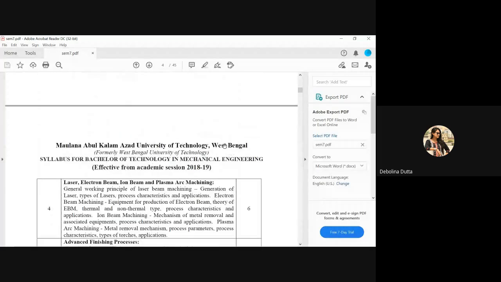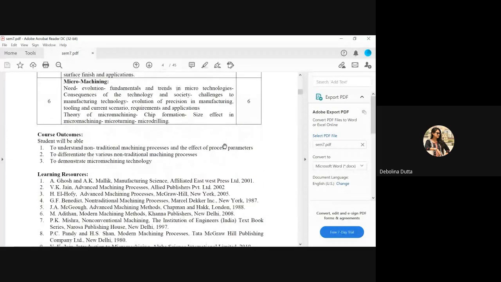Okay, for books I would suggest just go with the Kaushik Malik book, which will be good for this.